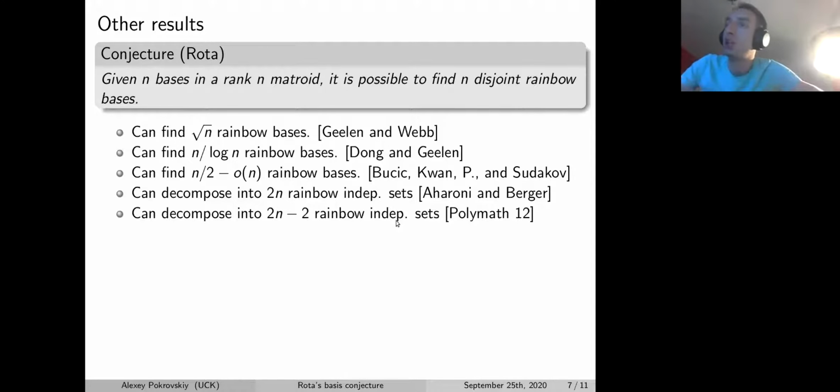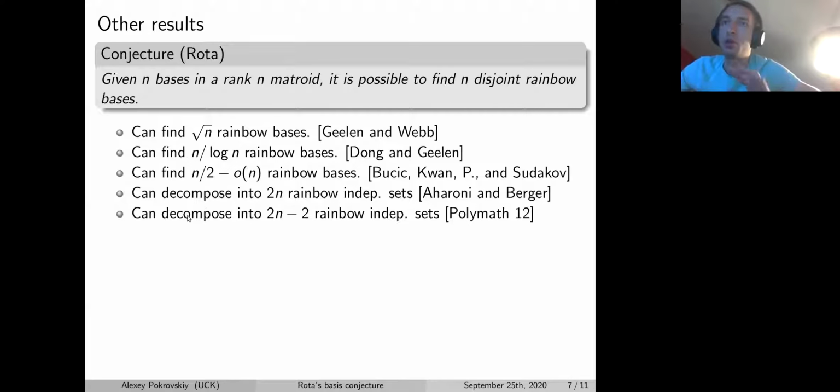Can I cover all the elements then? So Aharoni and Berger showed that if you have twice as many independent sets as you want, then you can do it provably. And a couple of years ago, there was a polymath project, Polymath 12, which looked at this Rota basis conjecture. And one of the results that came out of that was an improvement to the Aharoni-Berger bound to 2n minus 2.